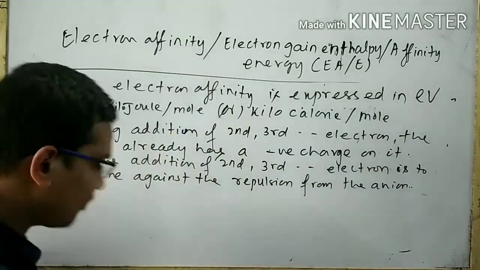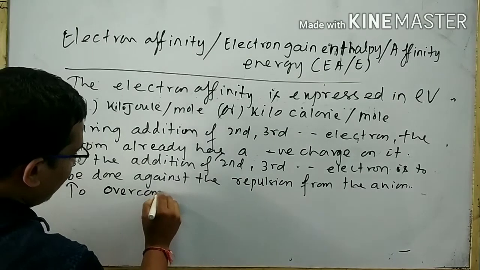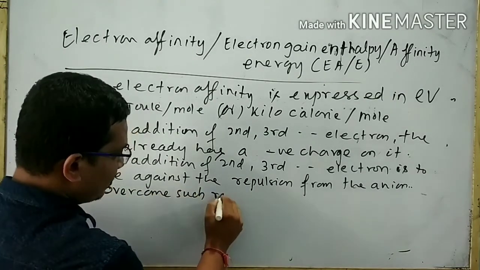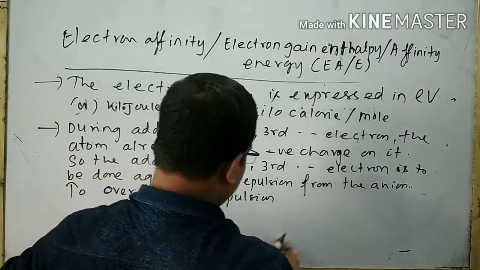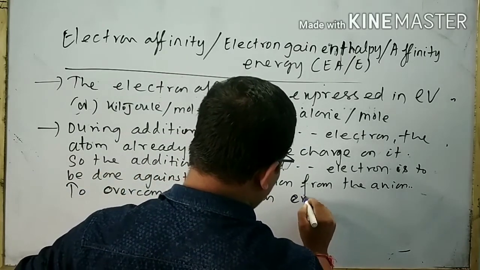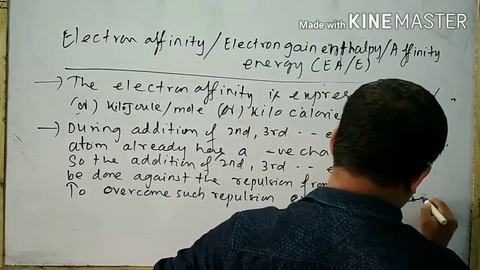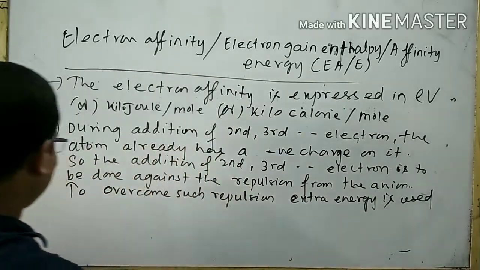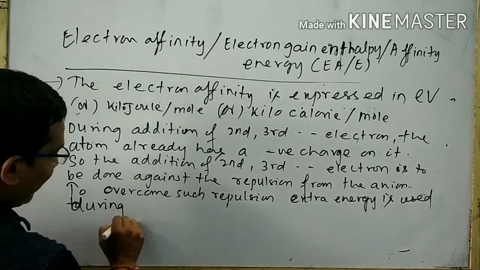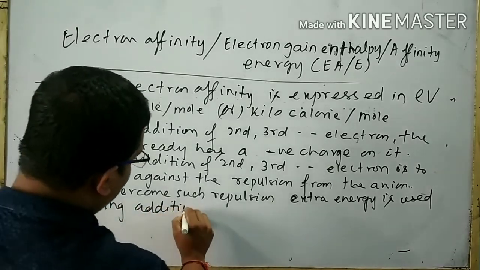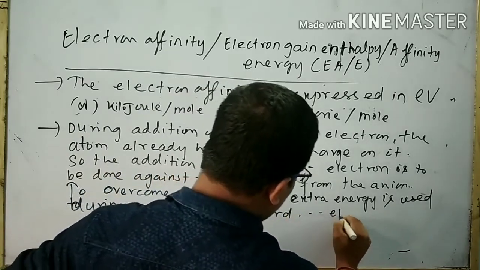To overcome such repulsion, extra energy is used during addition of the second, third order electron.